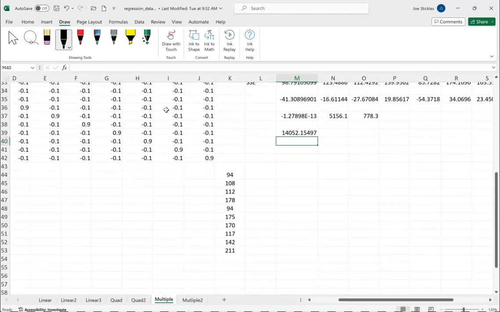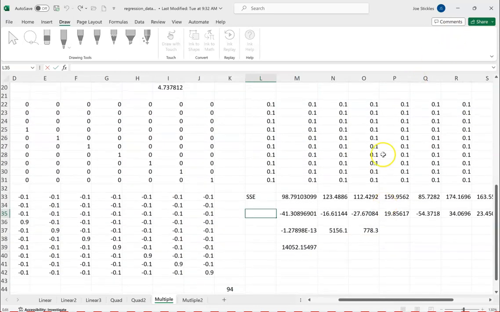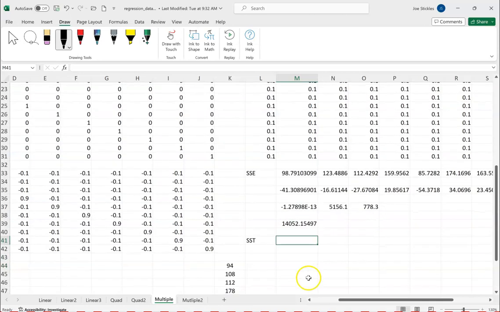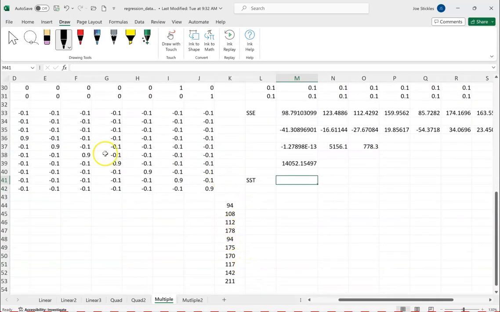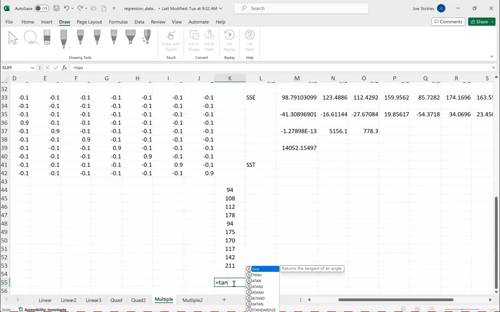Okay. All right. For SST, I need to do the Y transpose times the N. I don't have the Y transpose yet, so let me put that down here so I can get it.